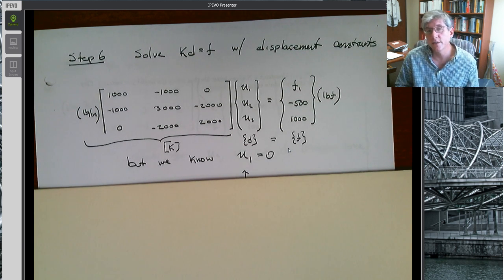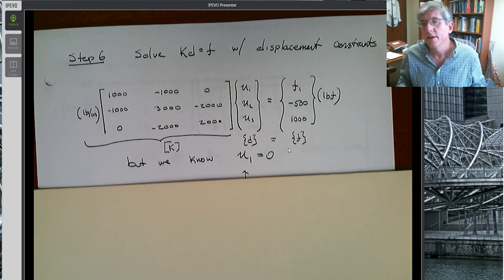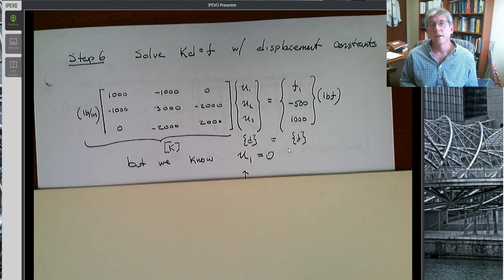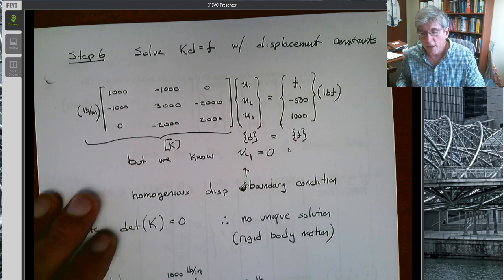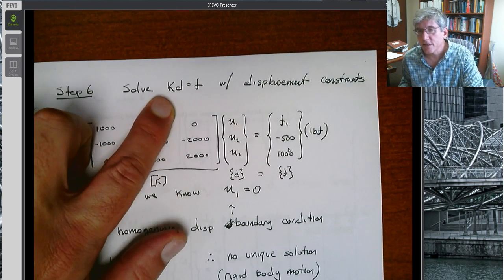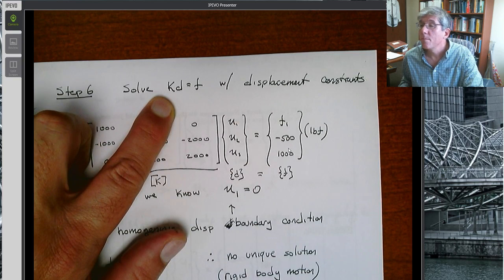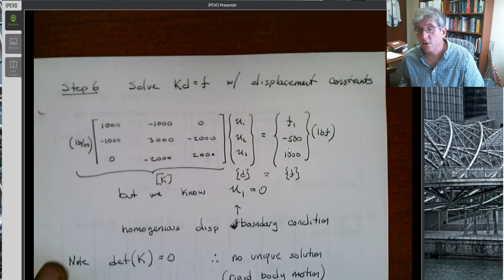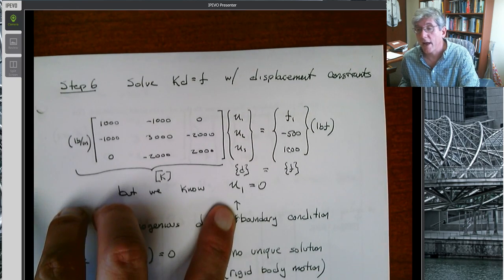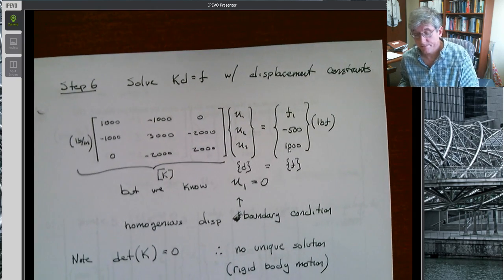Now, once I say that U1 is equal to 0, we've eliminated the rigid body mode, and then the spring system will just stretch off to the right, okay? All right, so that's a big deal. So we have to solve KD equals F, but respecting the displacement constraints. In this particular case, it's that U1 has to equal 0, all right?